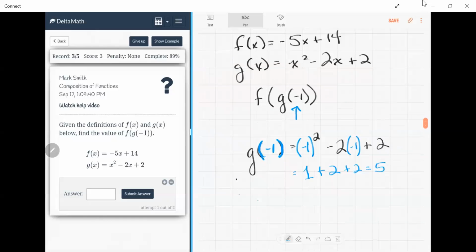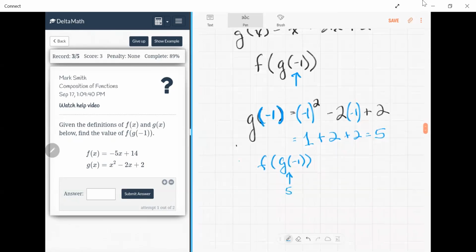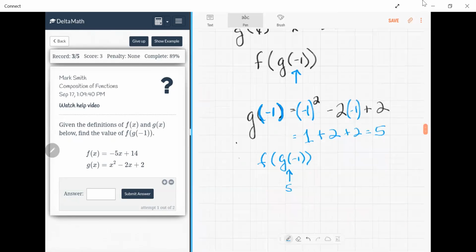Okay. Then the next thing you have to do is, it says, what is f of g of negative 1? Okay, now we know that g of negative 1 is 5, right? So this is 5. So what we want now is f of 5.